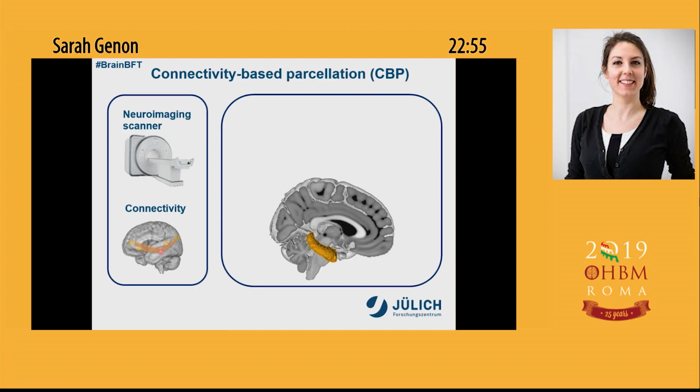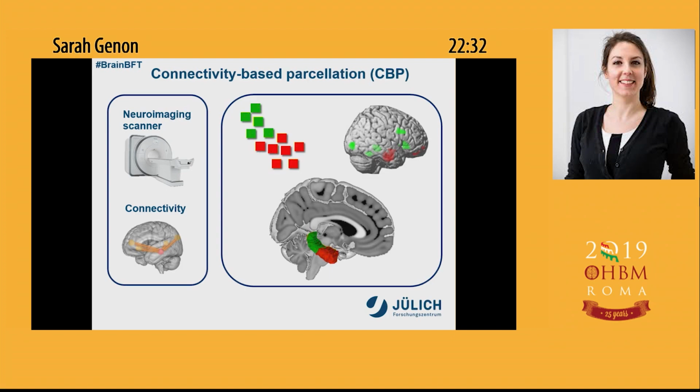For example, if we are interested in the human hippocampus, we look at the voxels within the hippocampus, and if we look at the connectivity profile of two voxels, for example, with resting state functional connectivity, we can see that they interact with different brain regions, so they have a different profile. Then if we do that for all voxels within the hippocampus, we can identify a pattern in which the anterior voxels show a slightly different pattern than the posterior voxels.